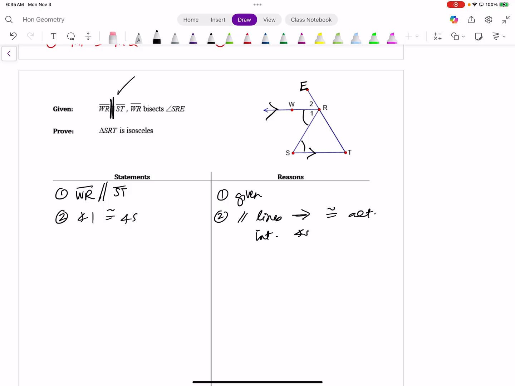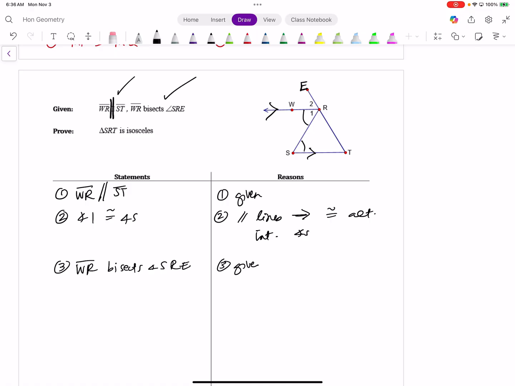All right, let's see what we're going to do now. There's another given. WR bisects angle SRE. I had my hand coming up the other side. I couldn't see where I was lined up. All right, so WR bisects angle SRE, which is given.